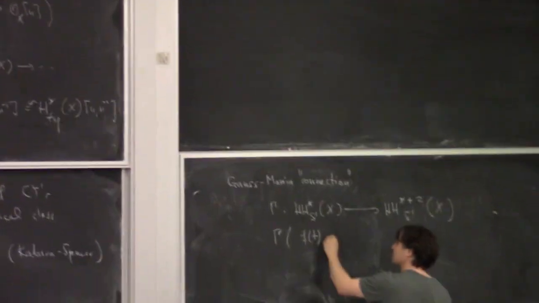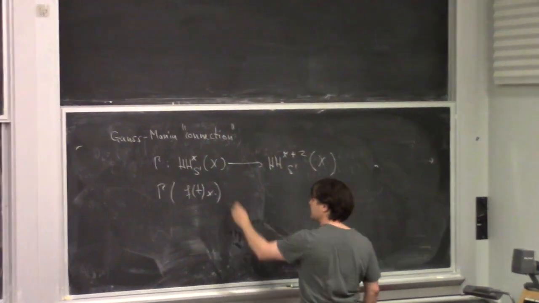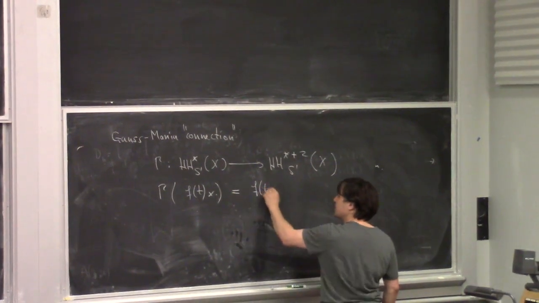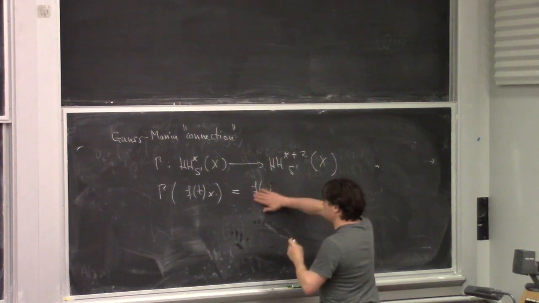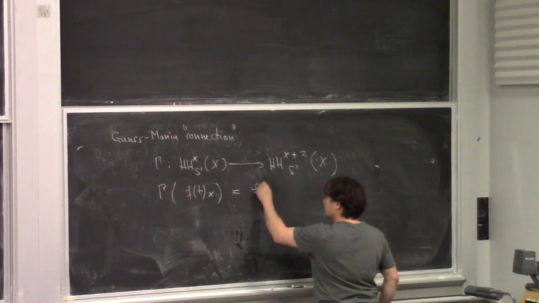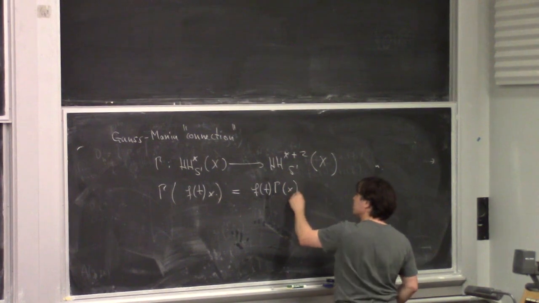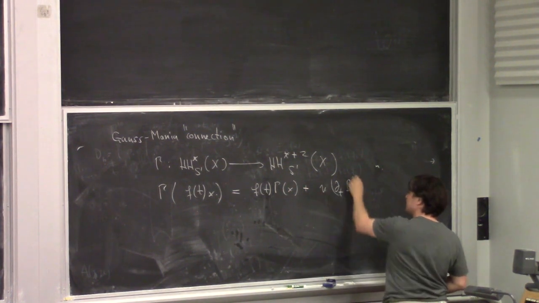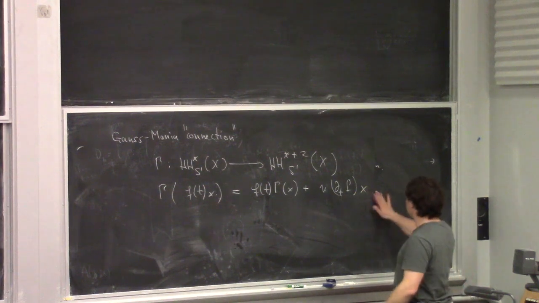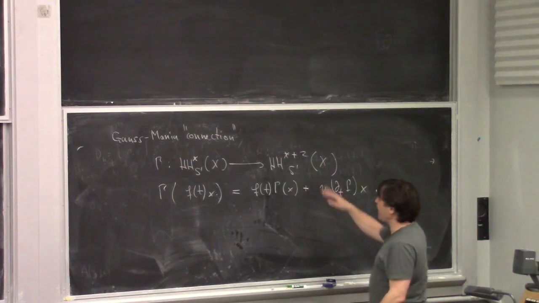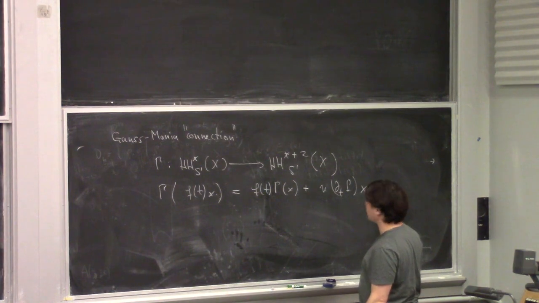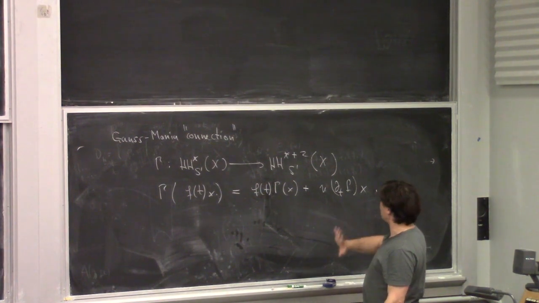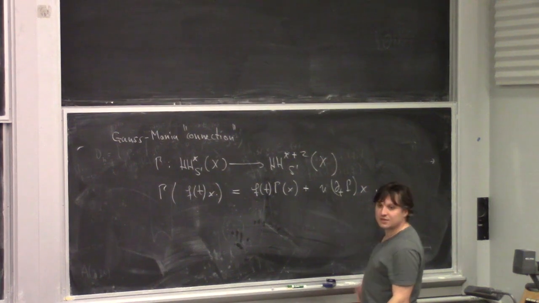If you take a function of t and you multiply x with, I would like to say that this is a connection in dt direction, right?